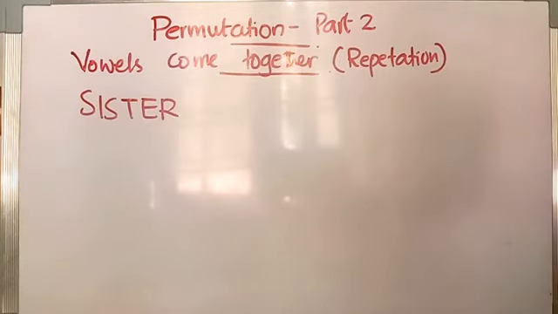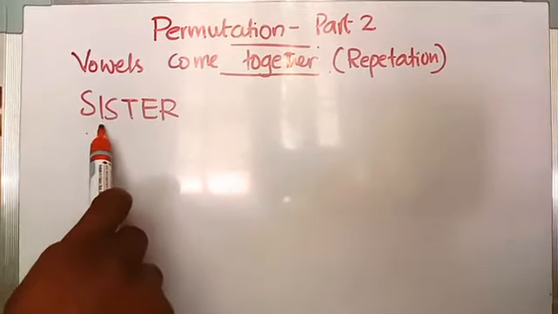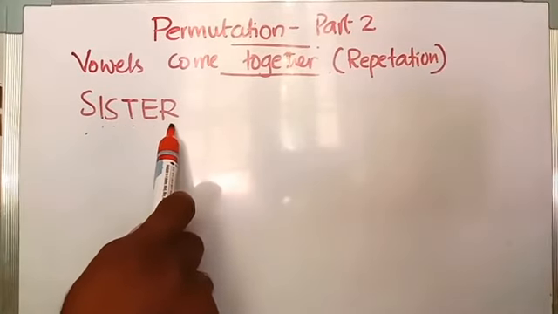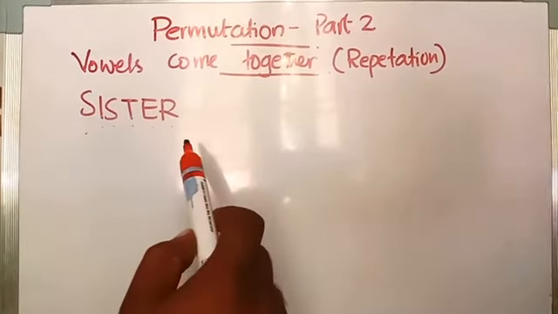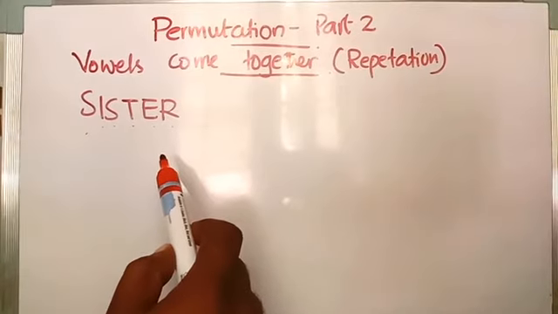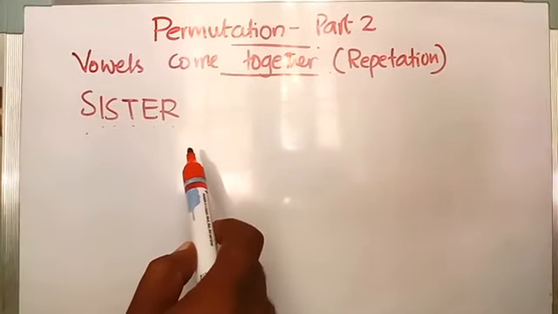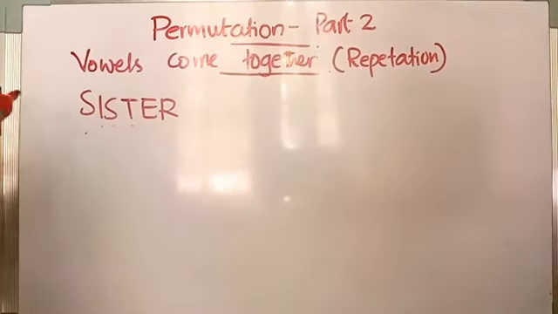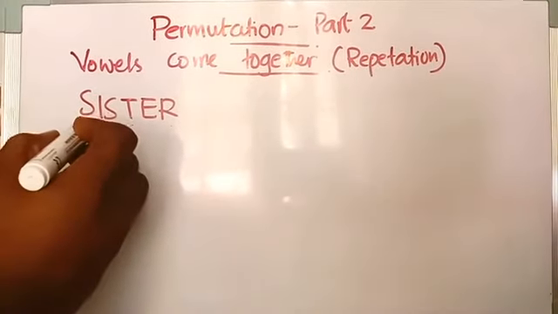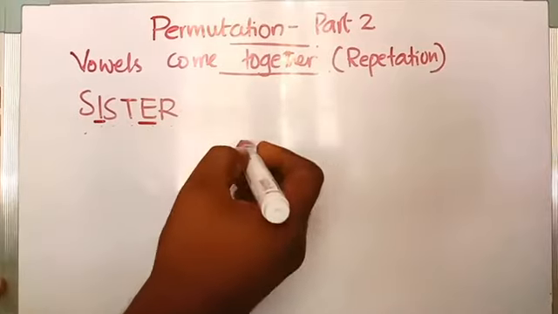Okay, so let's take a word, sister. In this word sister, you can find 1, 2, 3, 4, 5, 6 alphabets. Among the 6 alphabets, you could find I and E, which are the vowels.